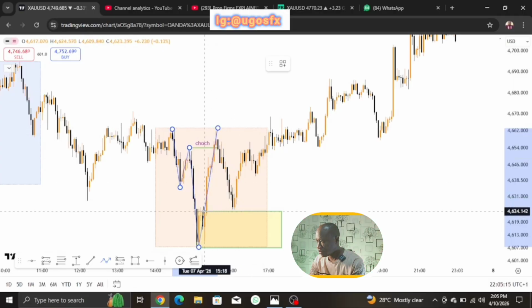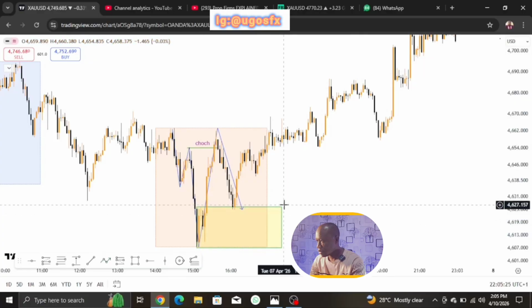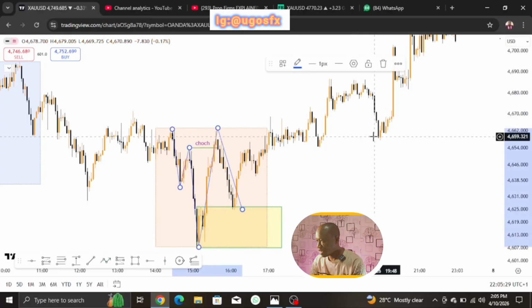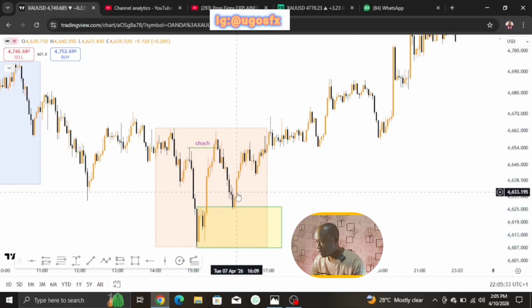And price returned back to this order block. And price started moving up. This time around, price didn't give us a bullish engulfing candle, but yet price delivered.